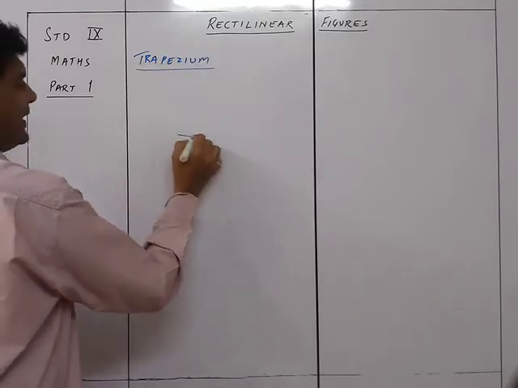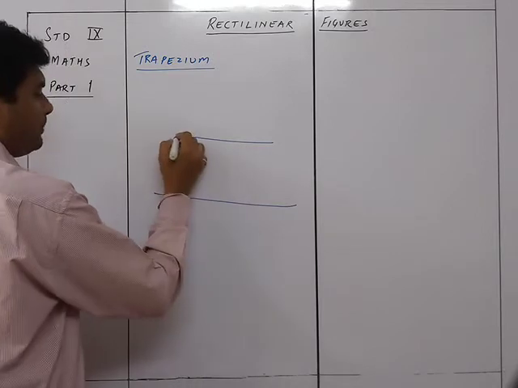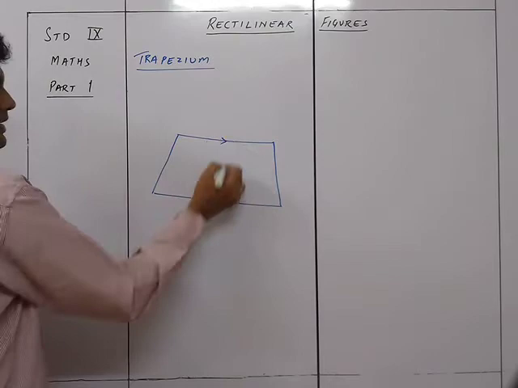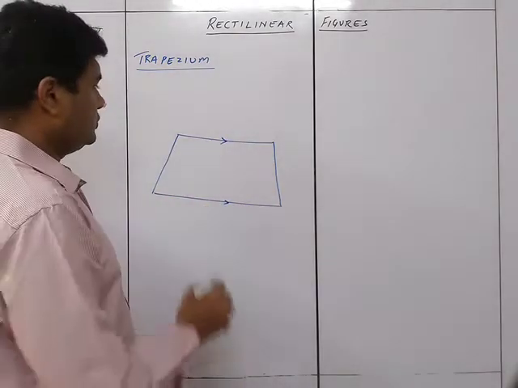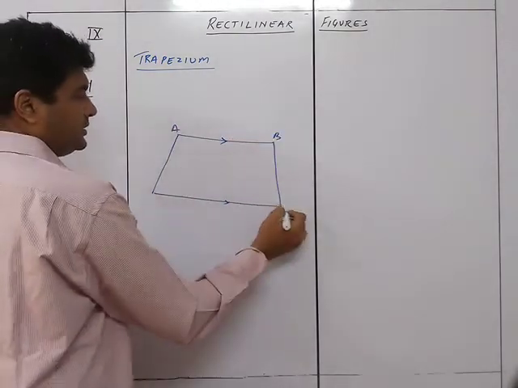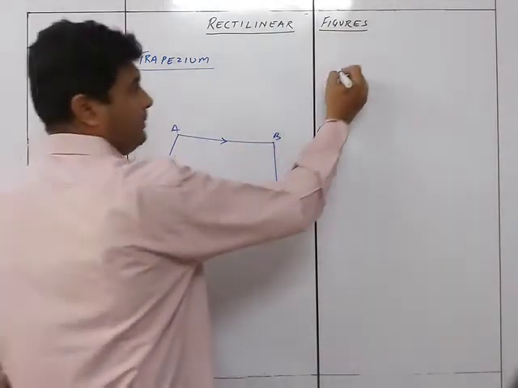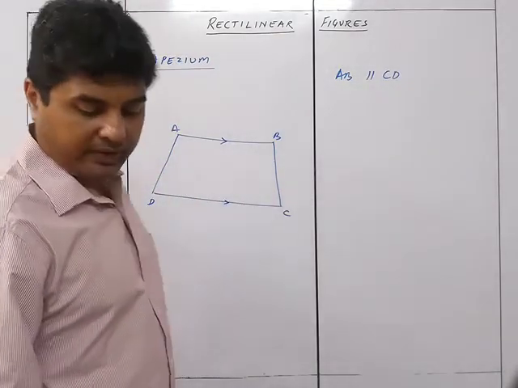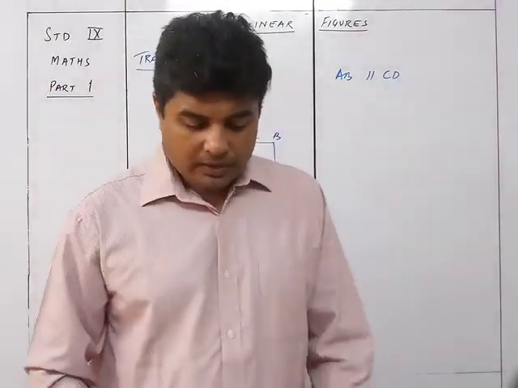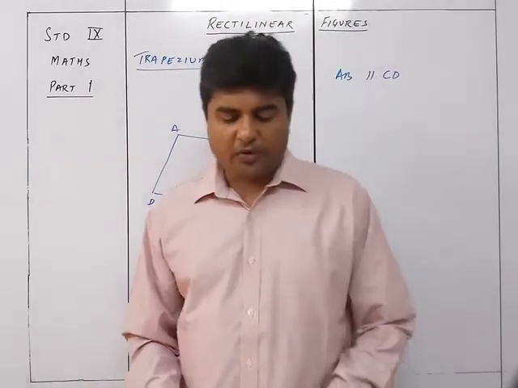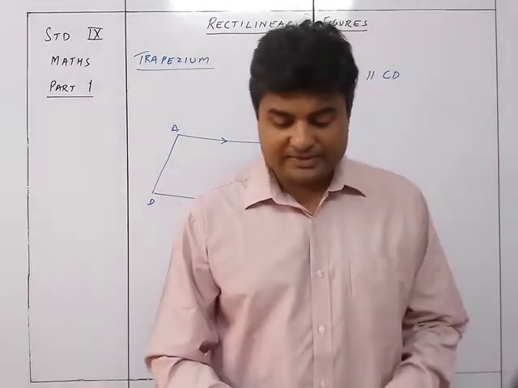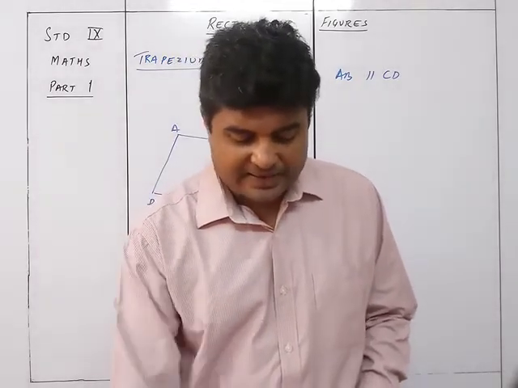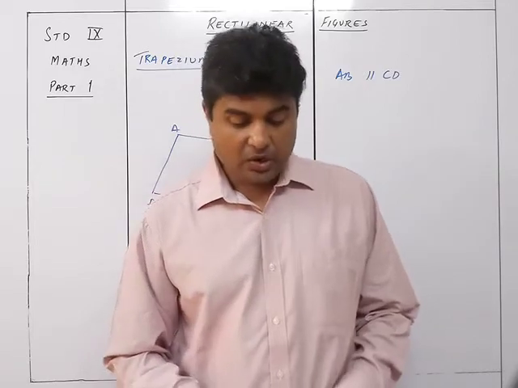A trapezium is a figure like this, wherein one pair of opposite sides is parallel. So in such a case, AB will be parallel to CD. A quadrilateral in which one pair of opposite sides is parallel is called a trapezium, and the parallel sides are called the bases of the trapezium.